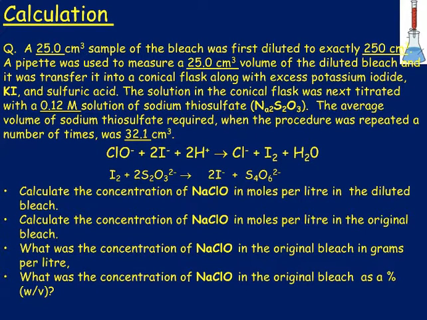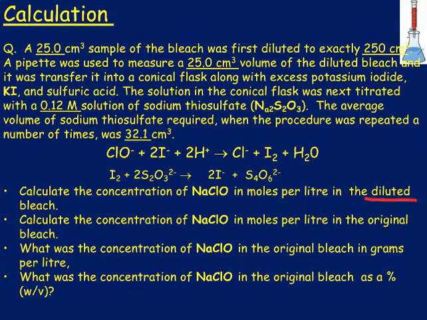So this is the question that I've asked you to do. You need to set up your table for yourself and find your ratios. The only thing that I will just say here is that this is exactly like the ethanoic acid titration.